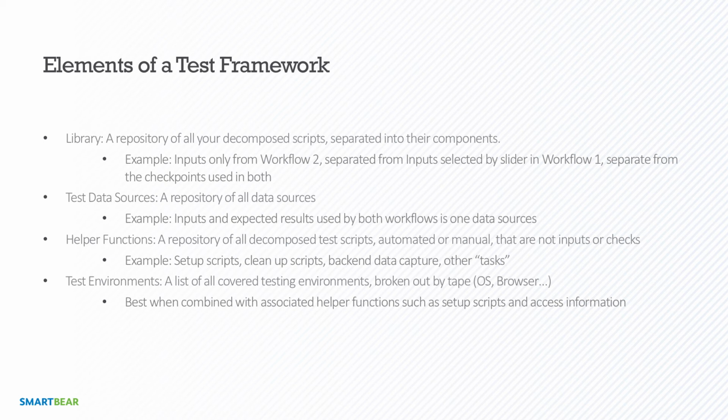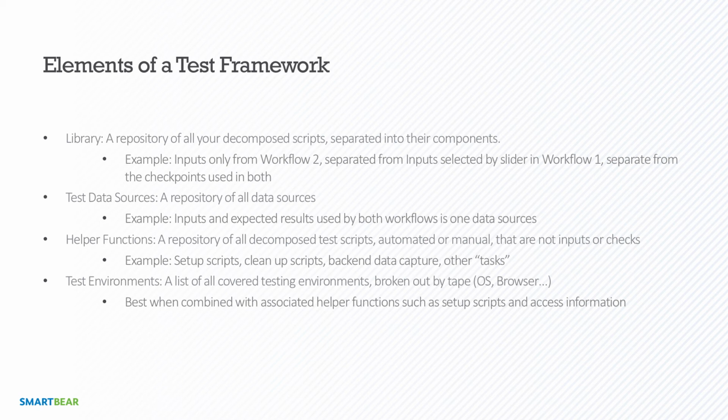So where does that start, right? We got this whole library of actions. We also have, separate from that, the data. Now, how much and how to get the data, that's a very, very big topic. But the intent here is that for every set of input and actual results, you have at least one data source.